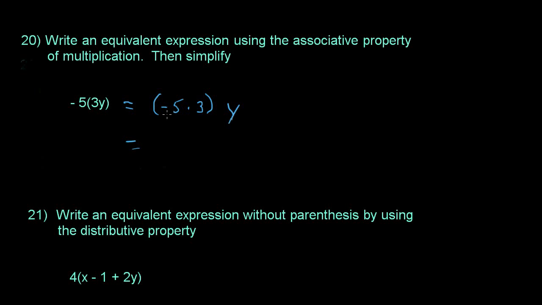To simplify this, we now just multiply negative 5 times 3, that's negative 15, and times y, negative 15y.